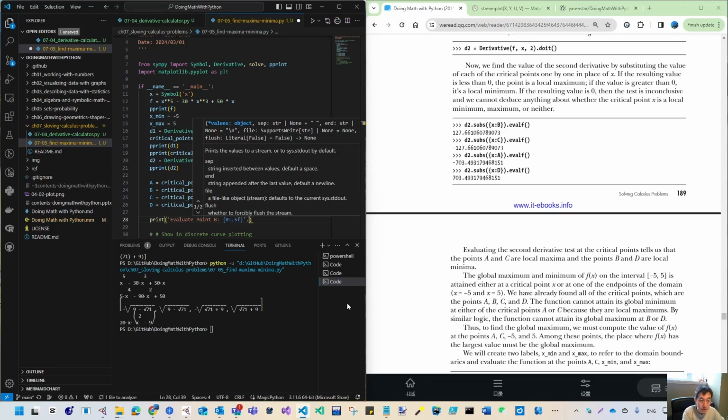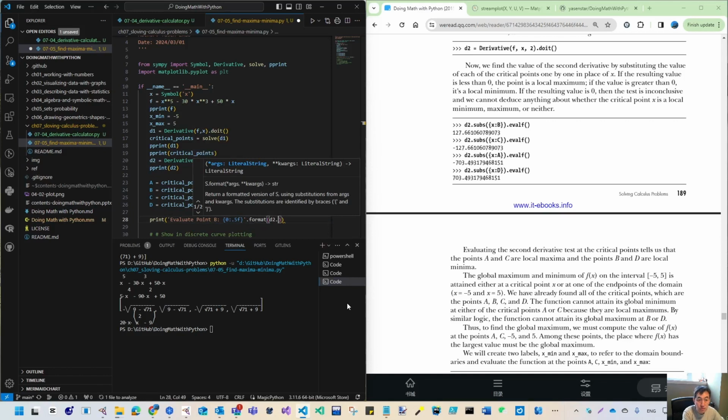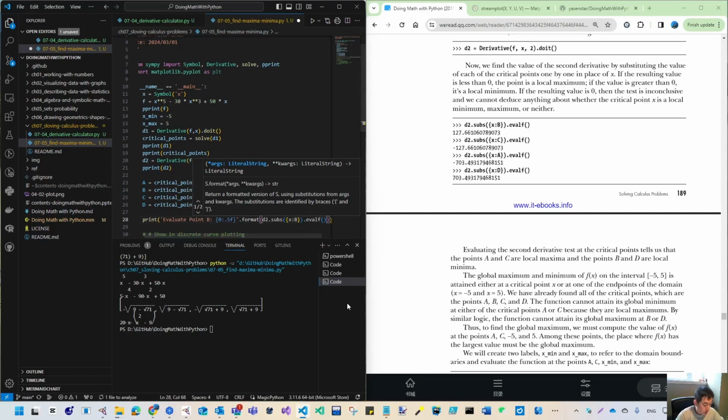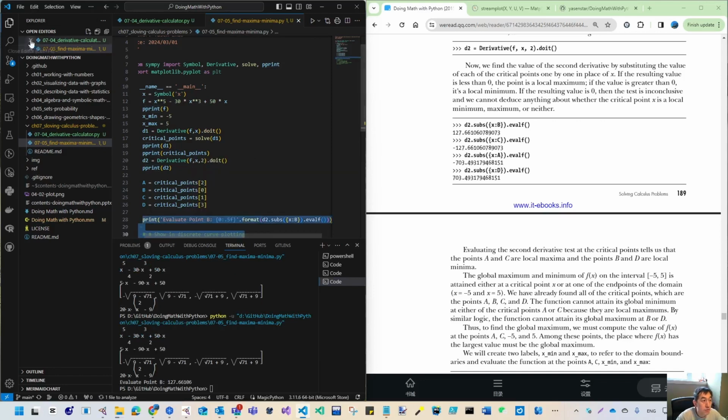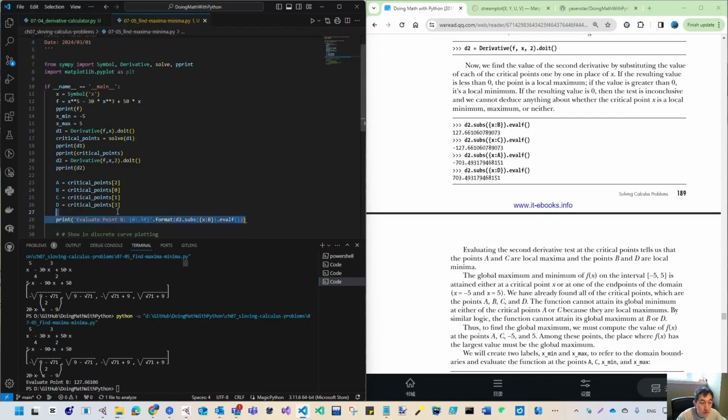Then we have a format with d2 subs xb, the evaluate function. So let's have a look. We got the evaluation at point B is this one. Using the same way, let's do the other three.